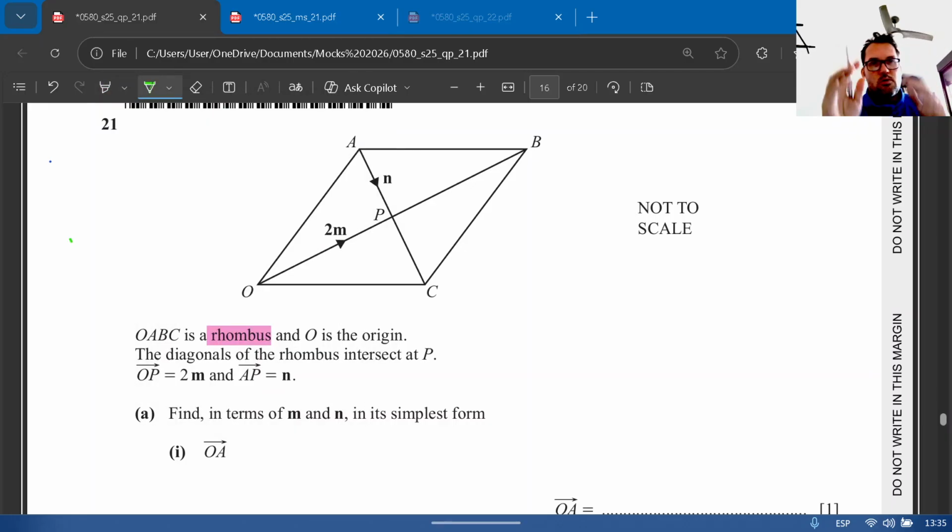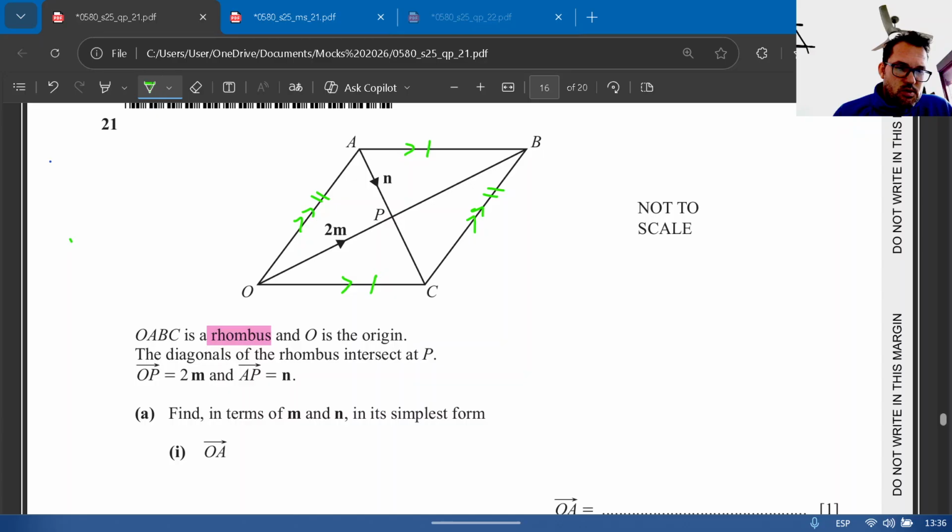A rhombus is a square made crooked, which means not only are these opposite sides parallel, they also have the same length. So that is parallel and they have the same length. That is an important feature with vectors, where everything that is parallel and the same length is exactly the same vector. O is the origin.